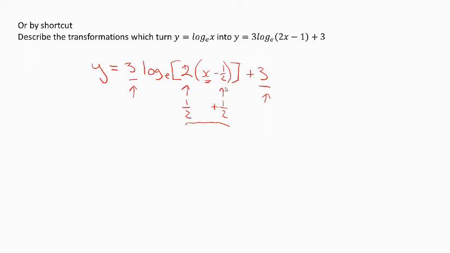So anything inside the bracket is happening to the x, so it's from the y-axis. And this part which is happening to the y value is from the x-axis. So if it's outside the bracket, you just do whatever it says. If it's inside the bracket, you do the opposite. Okay.